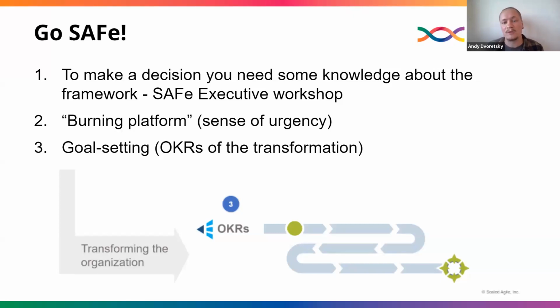To make a decision about switching direction and about implementing the Scaled Agile Framework, you need some knowledge about the framework. And to resolve this chicken and egg problem, we have the SAFe Executive Workshop, which is actually a very condensed body of knowledge for executives about the Scaled Agile Framework, which is enough to make the decision.